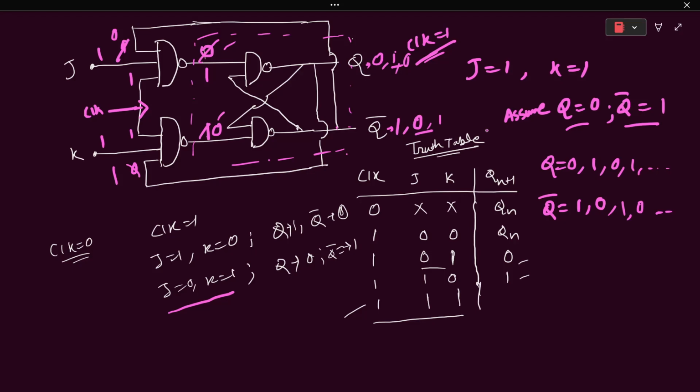This condition keeps going. This is a very important concept of the JK flip-flop, and I request you to remember it. This is quite uncontrollable. This condition is called racing, not race around. This is the racing condition of a JK flip-flop.